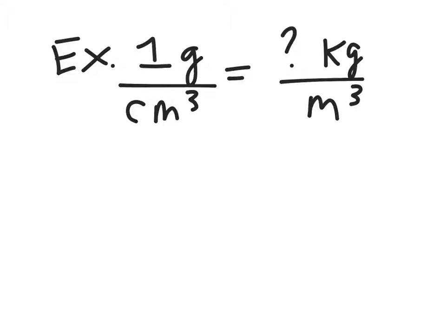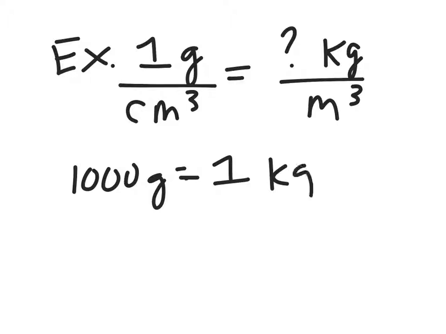So you can see in this example, I'm going to change the units of both the denominator and the numerator. I'm going to use metric prefixes to do that conversion, so I know that 1,000 grams is the relationship to kilograms, and I know that 100 centimeters is the relationship to meters. And these are exact equations. These are the definitions of the metric prefixes.